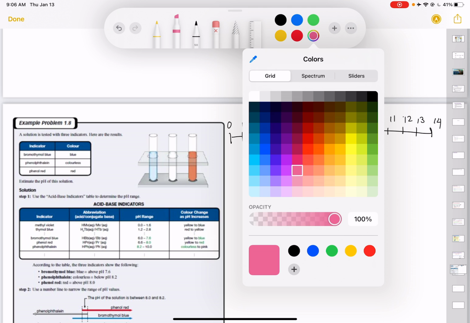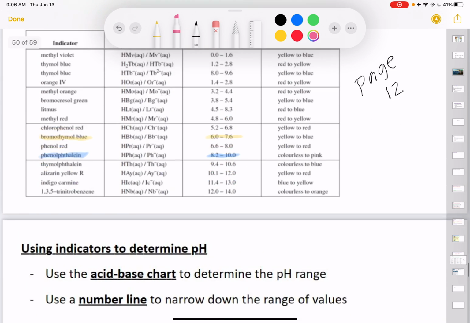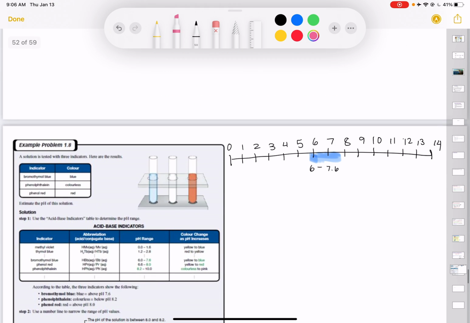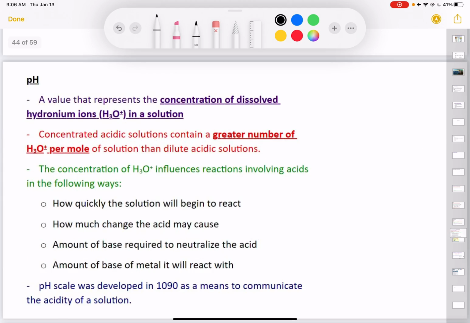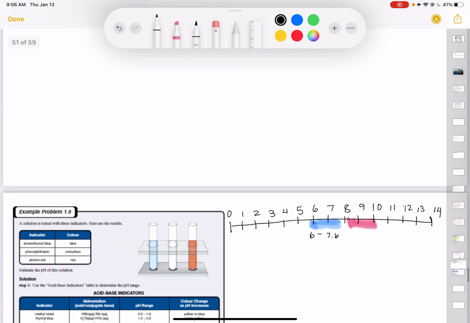I'm going to use pink. So 8.2 all the way to 10. So it's in this range.